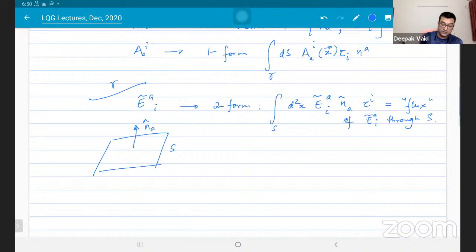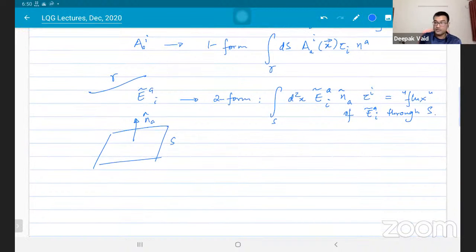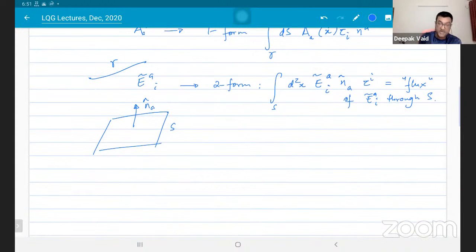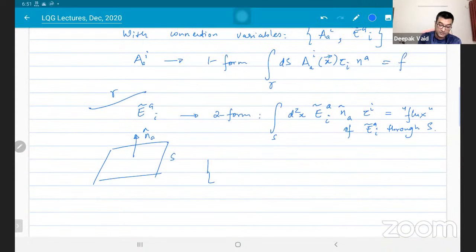Now, if you use these as your basic smeared objects, then in that case, when you calculate your Poisson brackets, for instance, let me call this something like f lambda a, and let me call this G_S, f lambda a and G_S.